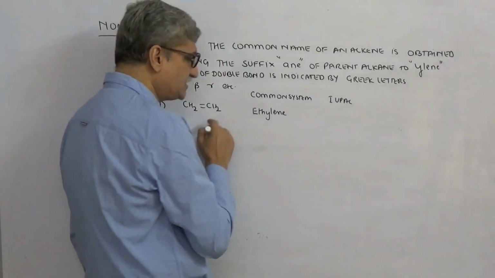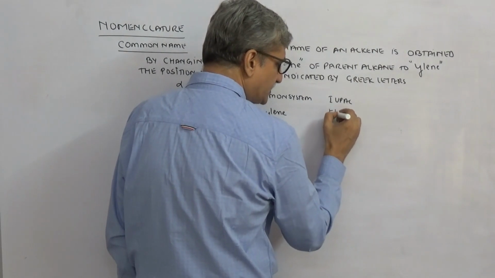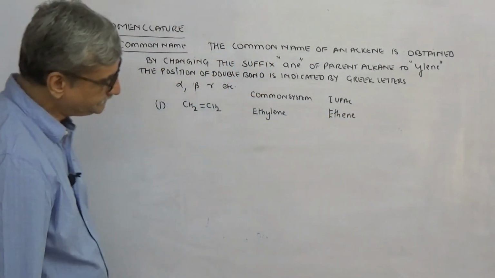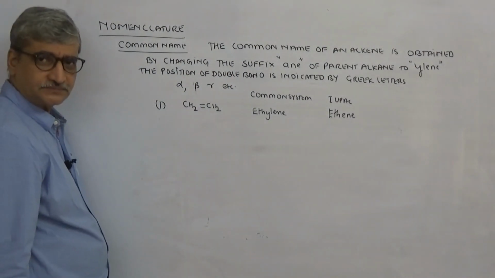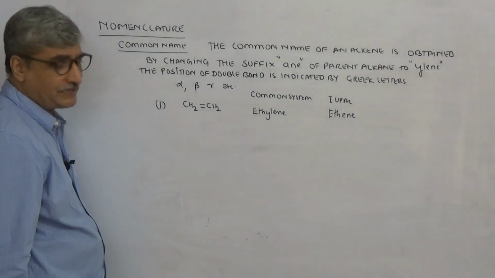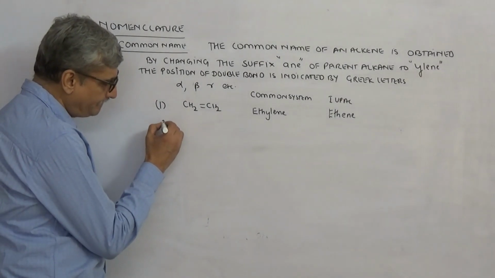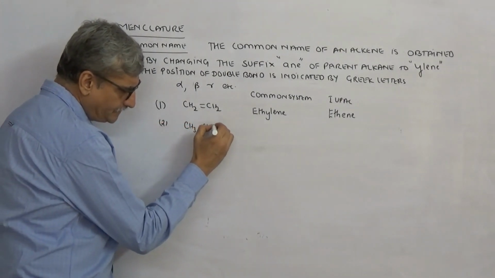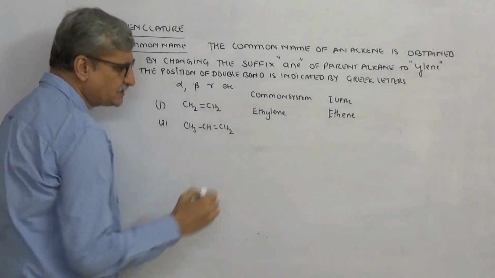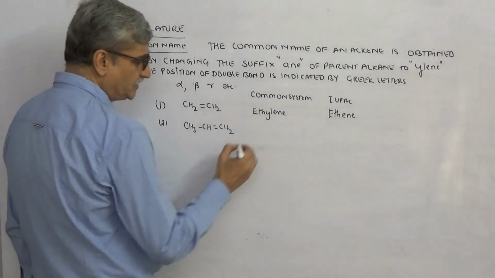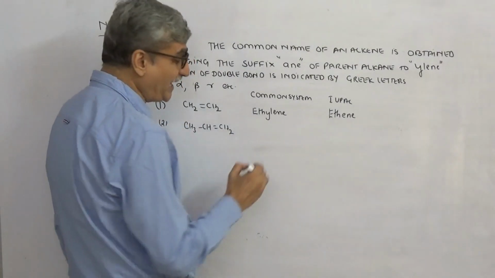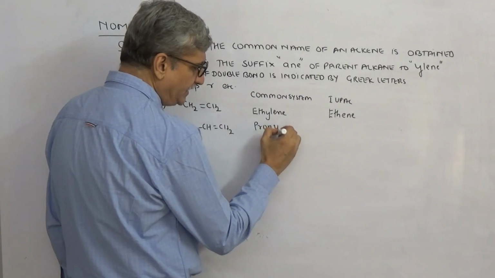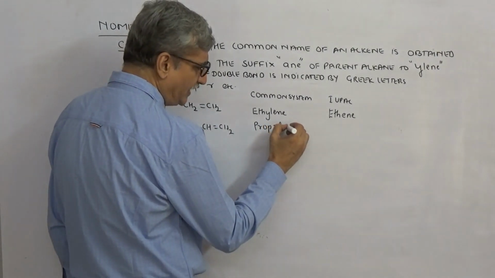So how many carbon atoms does it have? 2. So root name is eth and primary suffix is -ene, because it has a double bond. Then we have CH3, CH double bond CH2. This 3-carbon alkane is propane. Propane's ending -ane is replaced by -ylene.